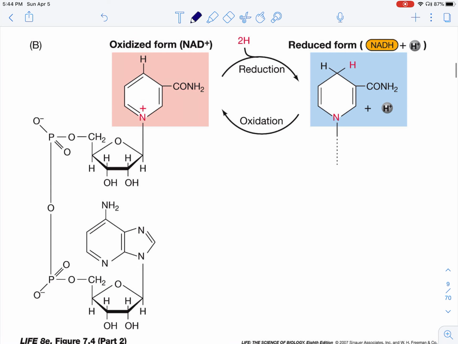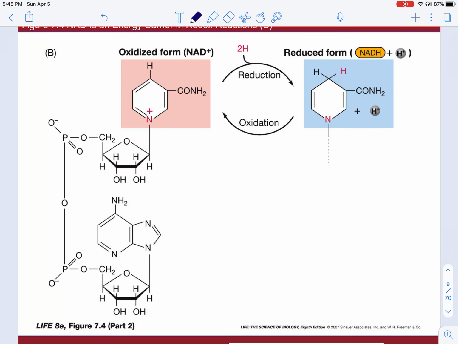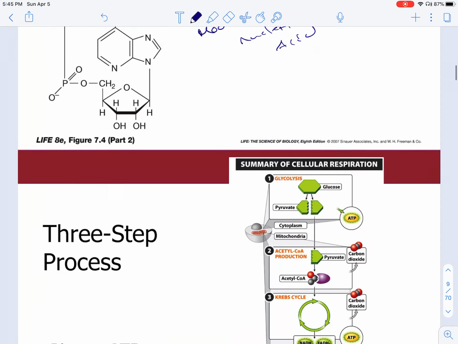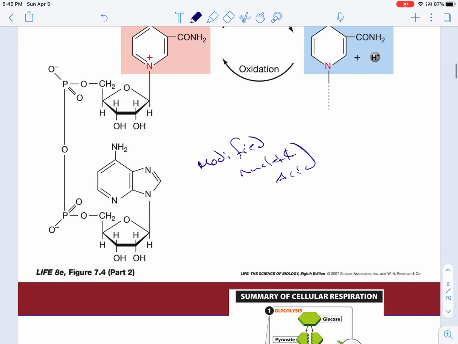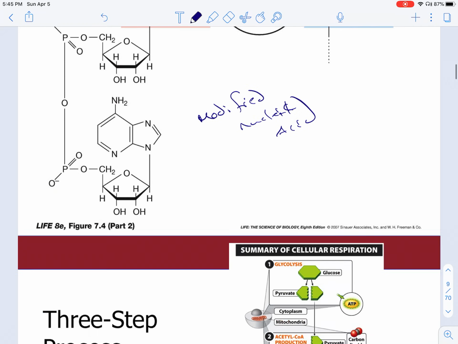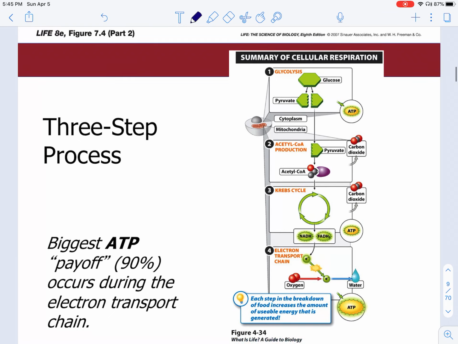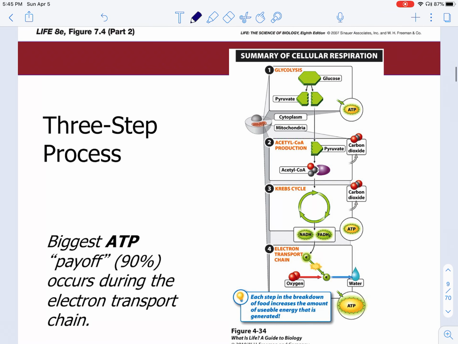And we've seen the structure of NADH before. Again, this is a modified nucleic acid. And that's going to be used to pick up the high energy electrons from glycolysis and then transport those ultimately to the electron transport chain in the mitochondria.